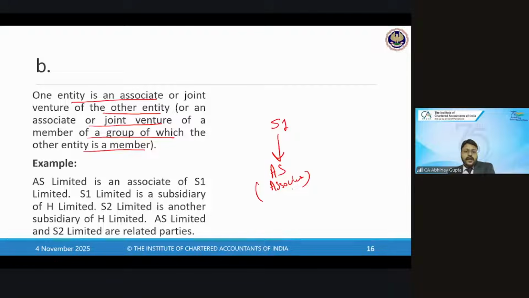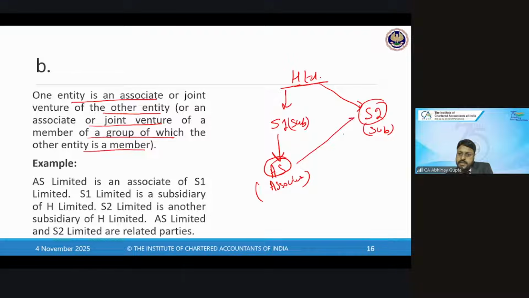S1 is a subsidiary of H Limited, and S2 is another subsidiary of H Limited. Now, AS Limited and S2 Limited are related parties to each other. That is what this clause is saying.